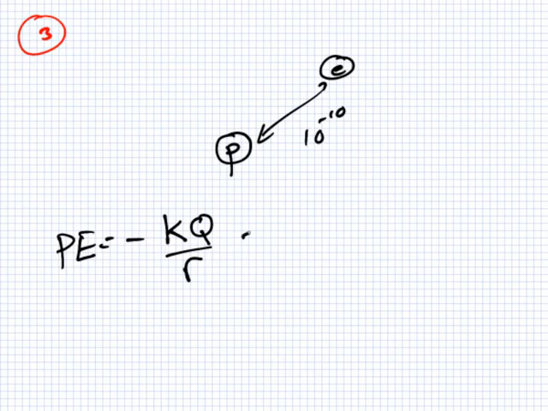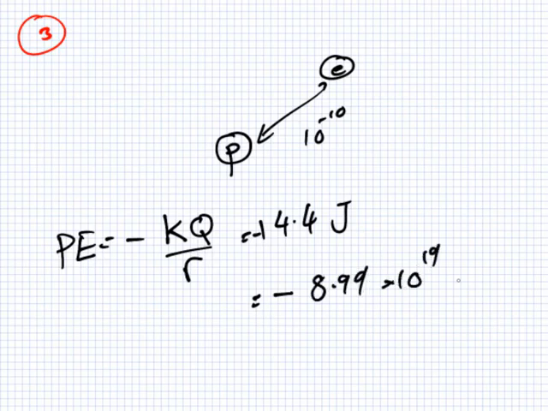Right, so what's that? 14.4 with a minus, joules. Oh, but I asked for it in electron volts, so actually in electron volts that'll be minus 8.99 times 10 to the 19 eV.